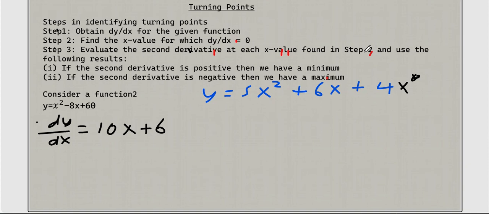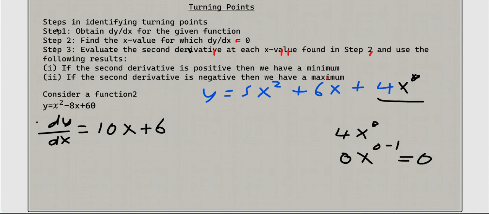Having done that, if you differentiate this function, remember how we were differentiating, you get 4x to power 0. If you differentiate this one, 0 times 4 is 0, then x to the power 0 minus 1. So what is 0 times x raised to power negative 1?